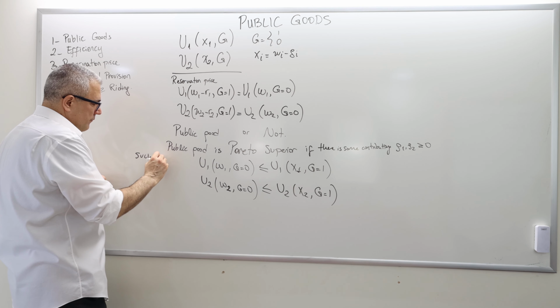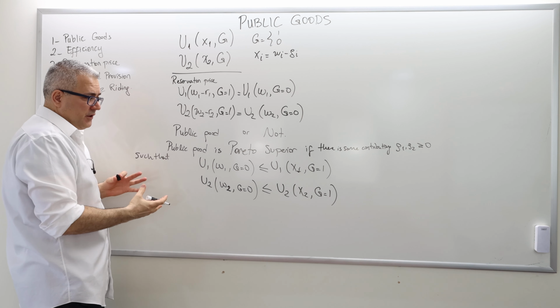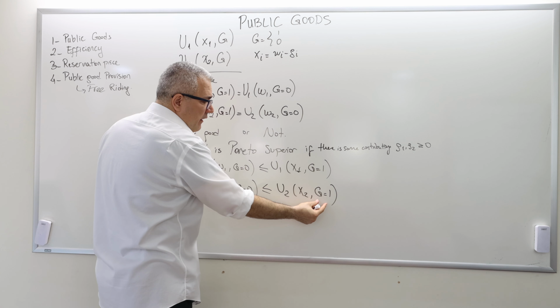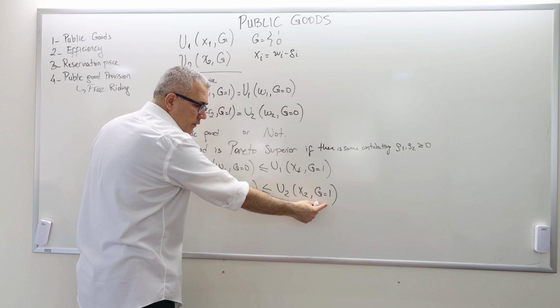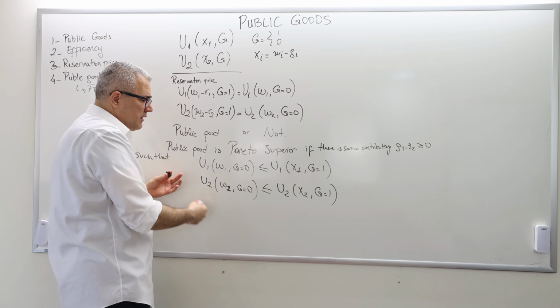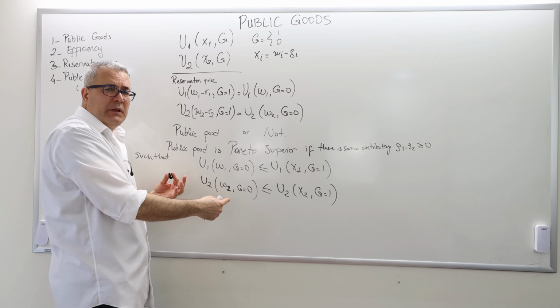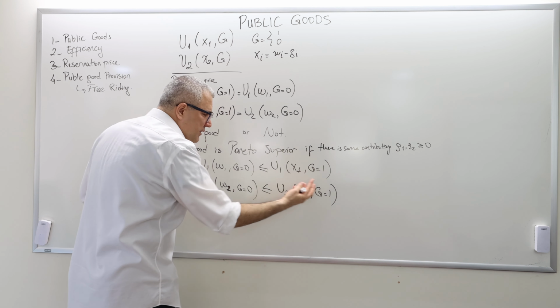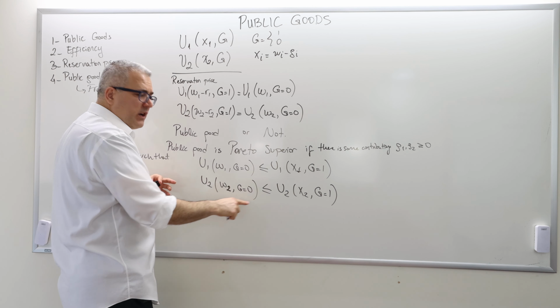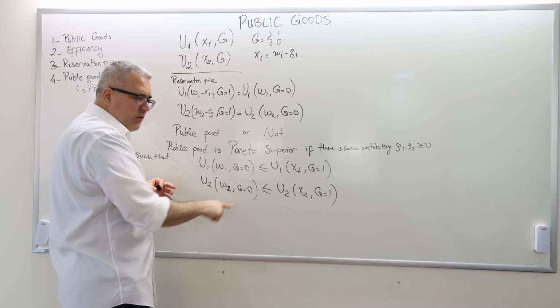both agents get happier if they have the public good. All right? In comparison to which scenario? In comparison to the scenario where there is no public good. So both agents are happier. Well, the thing is, these are less than or equal to, so what if they are both equal?